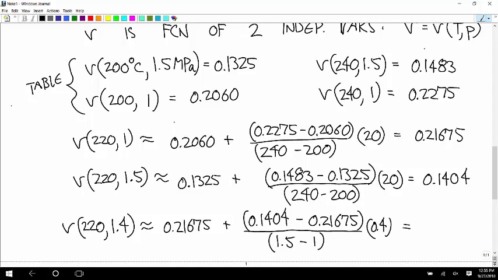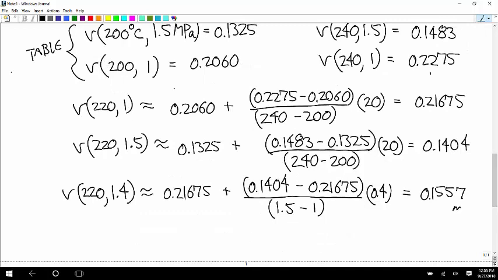And what do you get for that? 0.155. Okay. And that's meters cubed per kilogram.